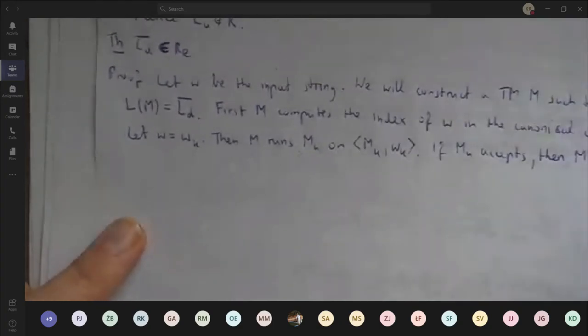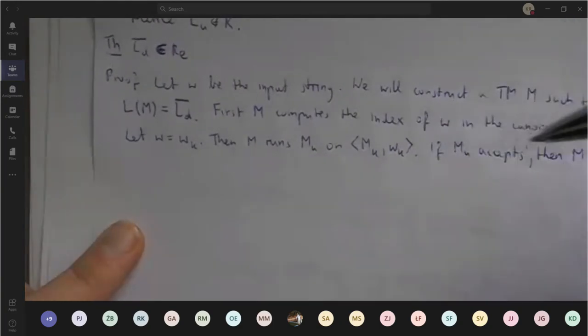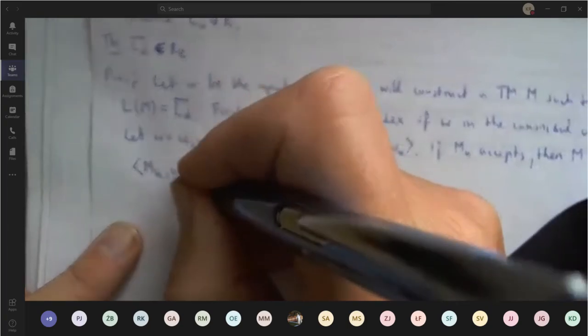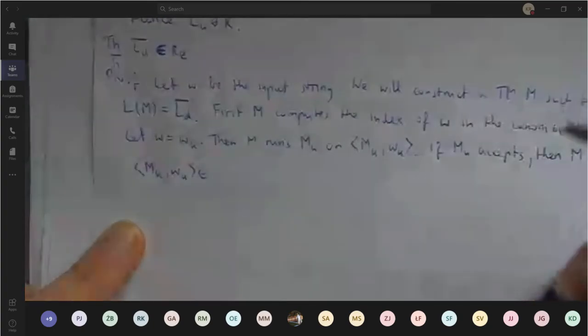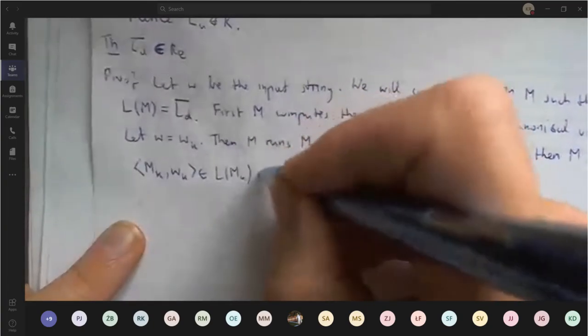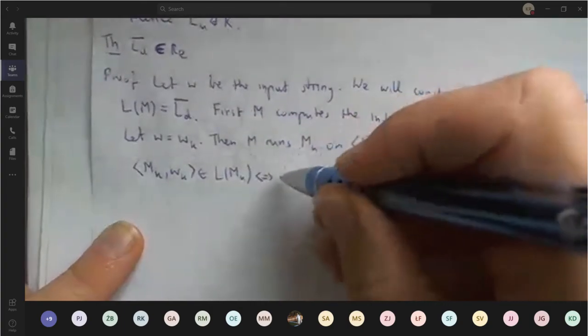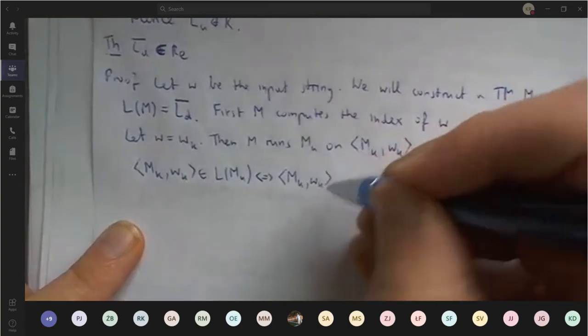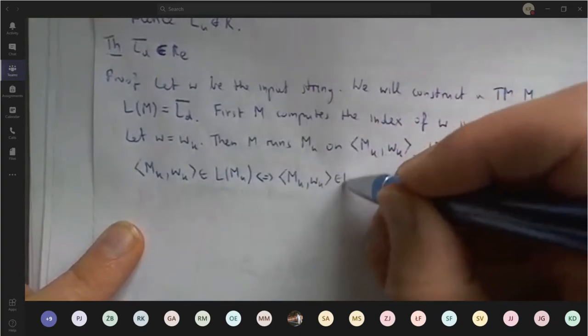Yeah, maybe I will write it again. So that means that this input string belongs to the universal language.